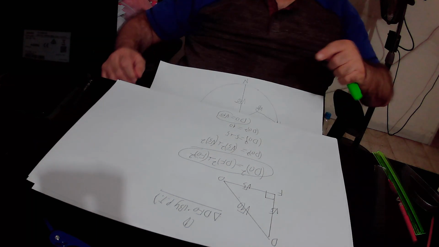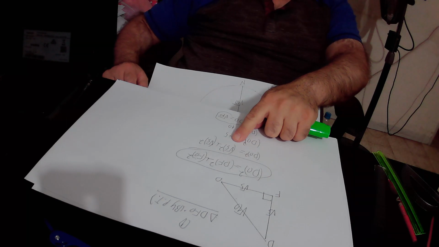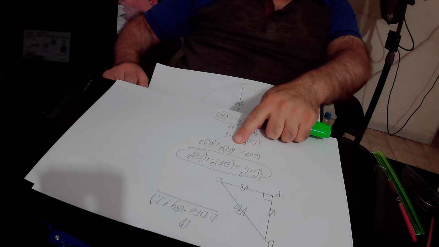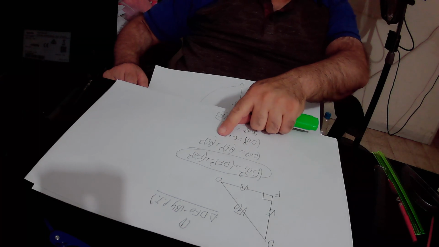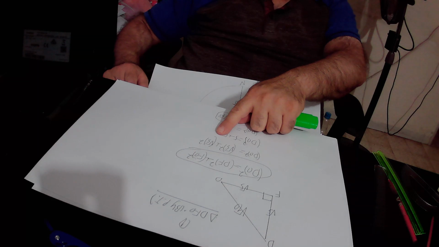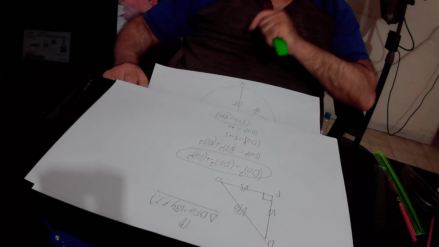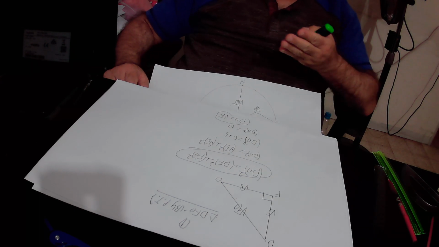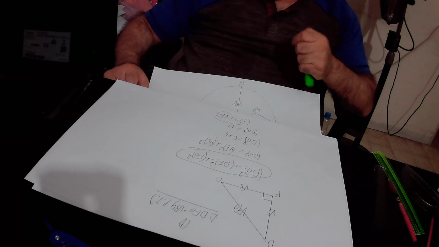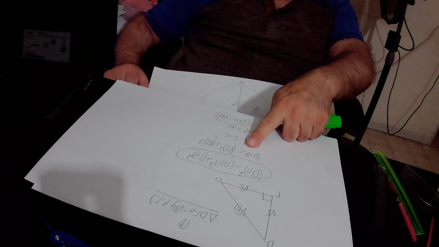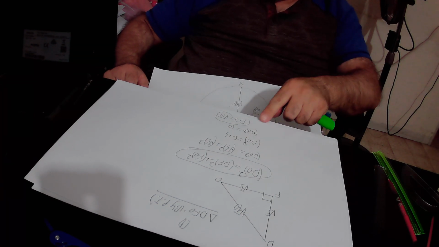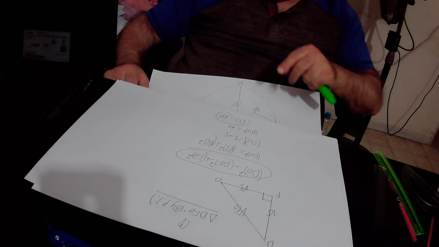Okay, so DO squared equals DF squared, DF equals square root of 5, therefore DF squared equals 5, plus FO squared. FO equals the square root of 5, therefore FO squared equals square root of 5 squared. Square root of 5 squared equals 5, of course, therefore DO squared equals 5 plus 5, that is 10.